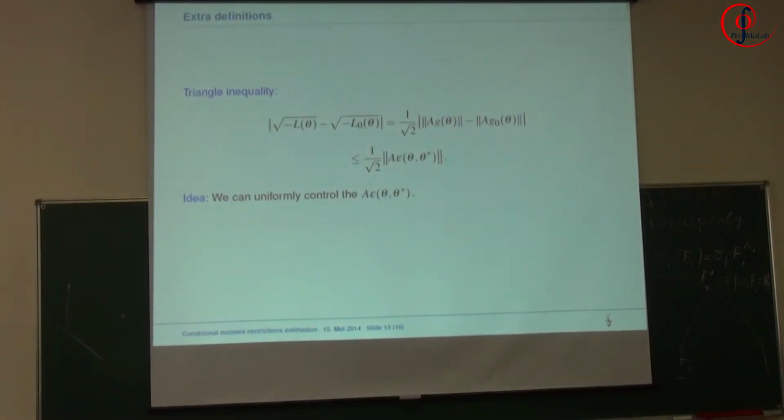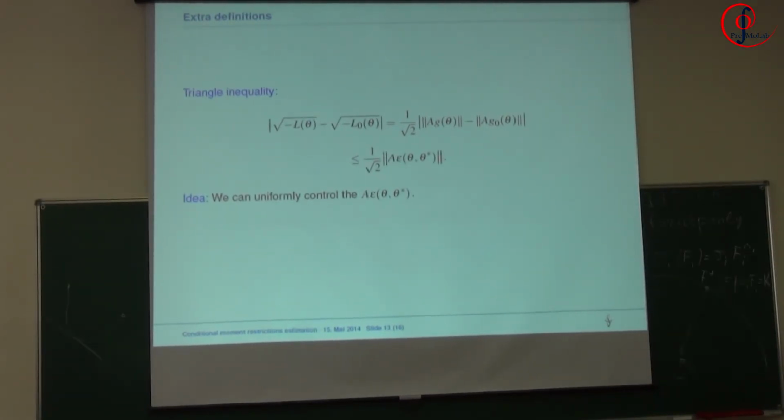It was a huge effort to prove that L theta and L theta 0 are close to each other, and the simplest is the best as usual. We use a triangle inequality, and we understand that the difference between them is controlled by the process, the difference of epsilon theta and epsilon theta star.